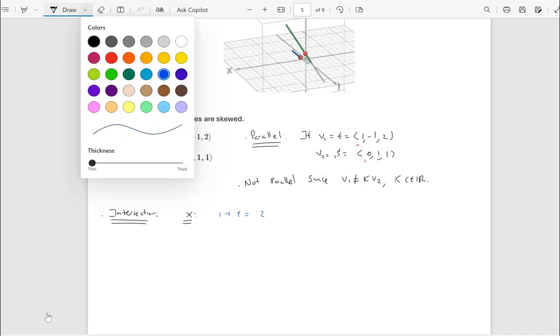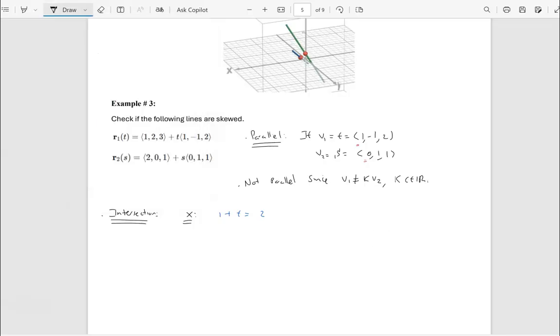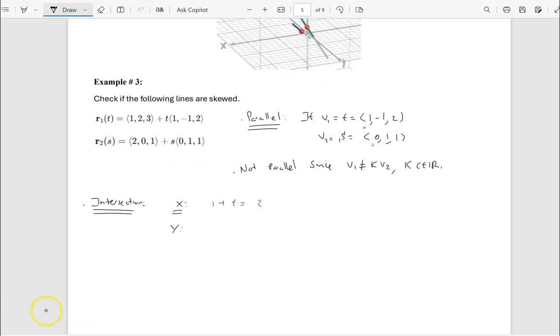And then the values of the y's: 2 minus t is equal to, well, you only have an s on the second line. So I'm pairing up the y value, which is 2 minus t, is equal to s.